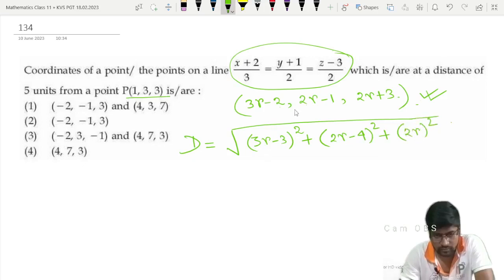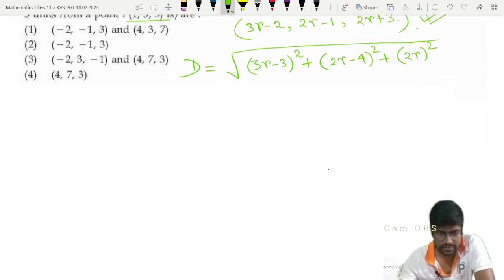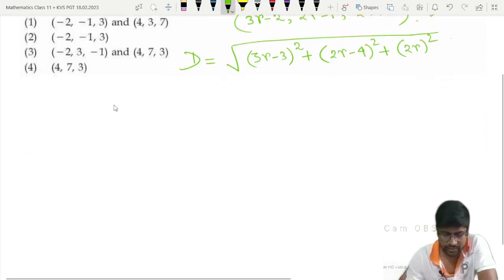So this is the distance between this point and P. Now this distance should be 5 units by the given condition.